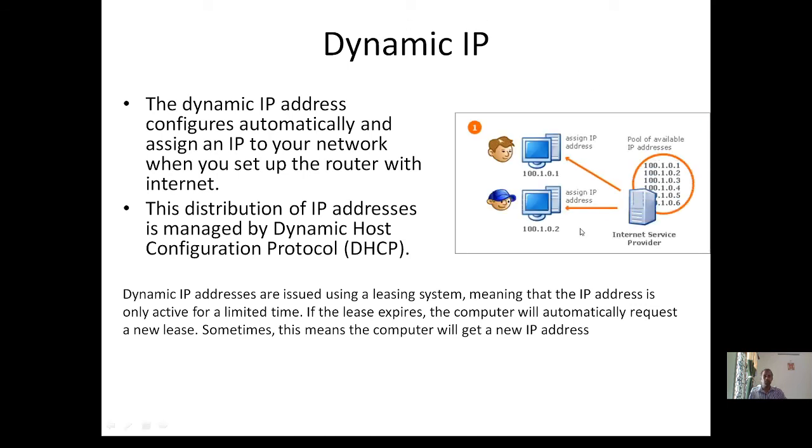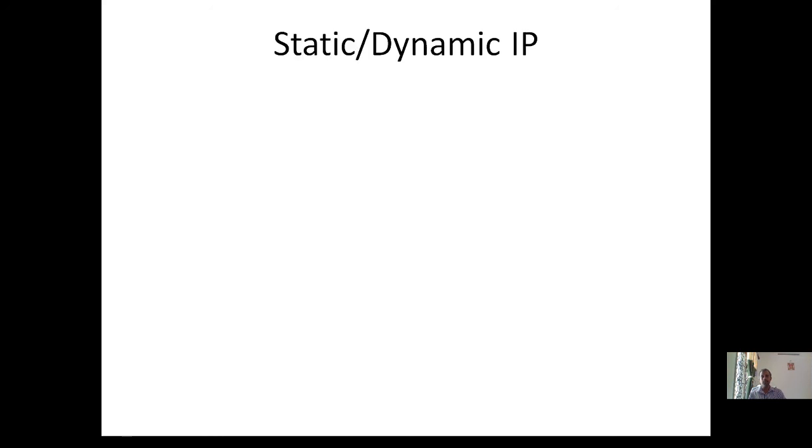When you connect to the internet, the internet service provider assigns an IP address. This IP address is called a dynamic IP address. Using this IP address, you can use the internet, send messages, see some visuals, and visit websites.